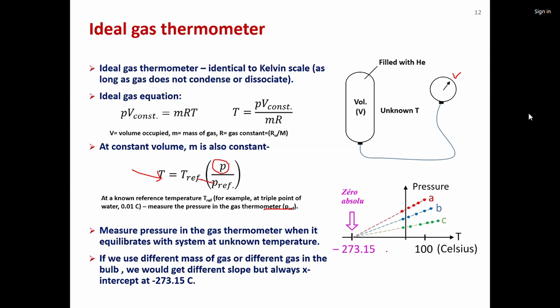And when you extend these lines, all of these have to converge at minus 273.15, because this is the absolute zero temperature where your pressure goes to zero. So pressure is zero only when your temperature is minus 273.15 degrees C.